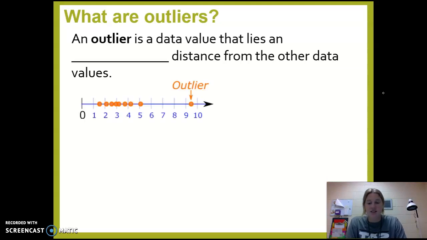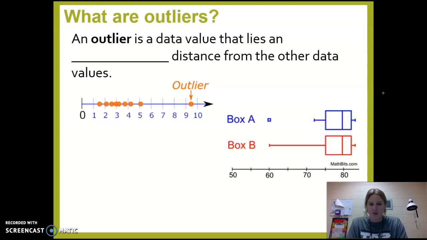Okay, so what that looks like on a data display is this is a weird looking dot plot. The dots are on the number line, which is not right, but there's the outlier over there at 9.5. Here are two box plots, box plot A in blue and box plot B in red. And you can see the blue one has an outlier kind of floating out here at 60. So there's the outlier for box plot A. Okay, so the whisker ends here, right?